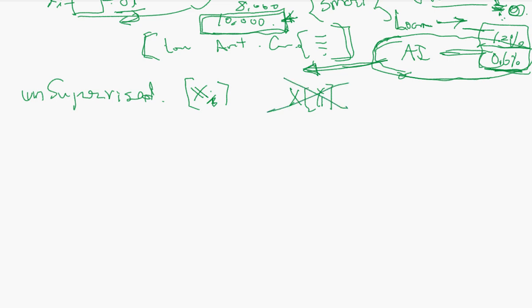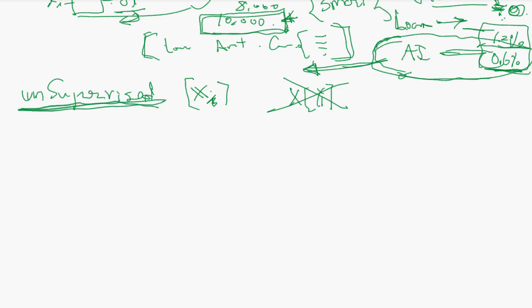So what do you expect? You use this when you don't have the answer. You have a huge amount of X input, and for example, you want to find a pattern, but you have no idea what kind of pattern exists. So you do unsupervised learning.